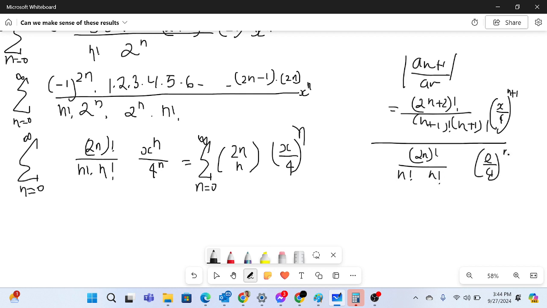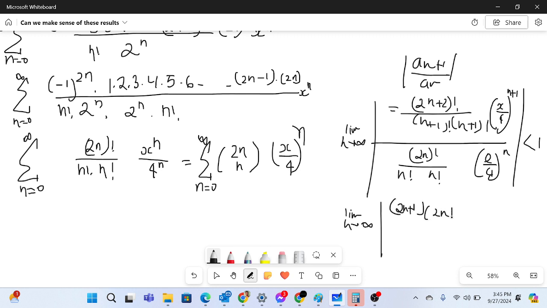We have to find the ratio as n goes to infinity, and for it to converge, the ratio should be less than 1, right? Now notice that at infinity, first of all, let's cancel these things. We will just have (2n+1)(2n+2) over (n+1)(n+1), and then x by 4.